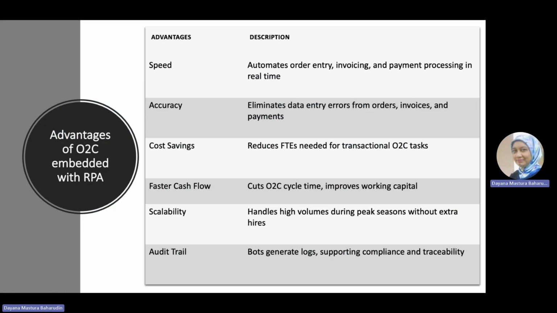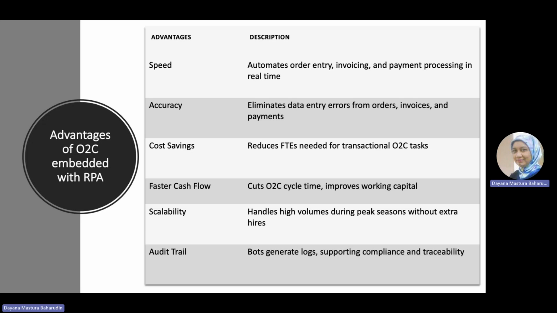So, advantages of O2C embedded with RPA. Speed, because RPA will automate order entry, invoicing, and payment processing in real time. Accuracy: eliminates data entry errors from orders, invoices, and payments. Cost savings: reduces FTEs, full-time employees, needed for transactional O2C tasks.